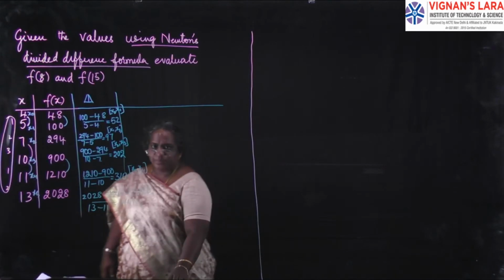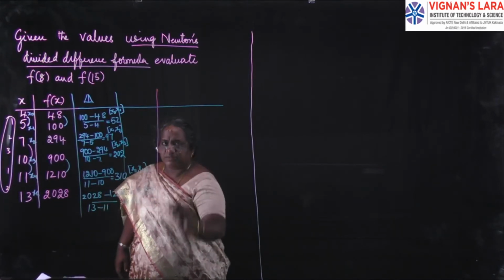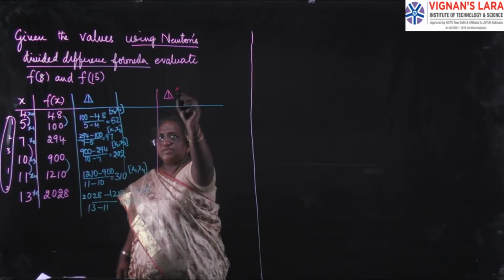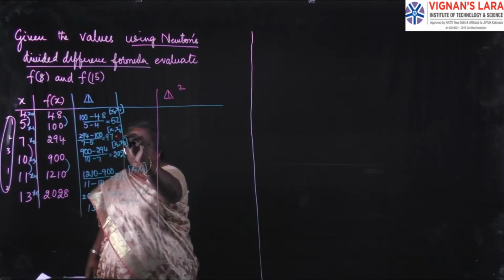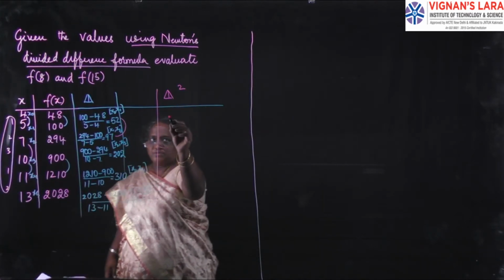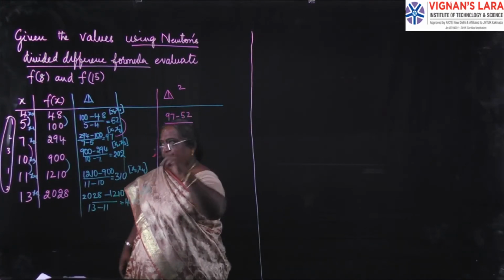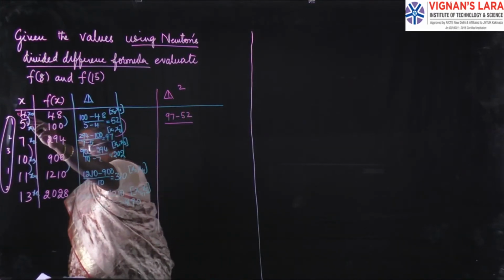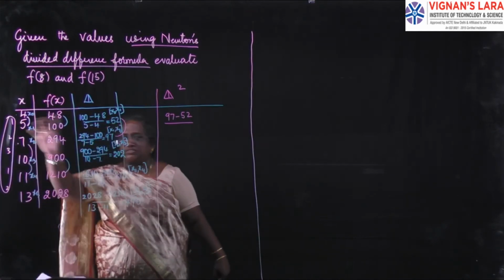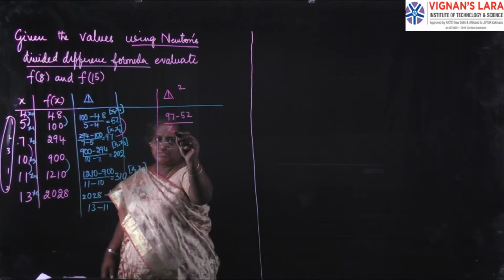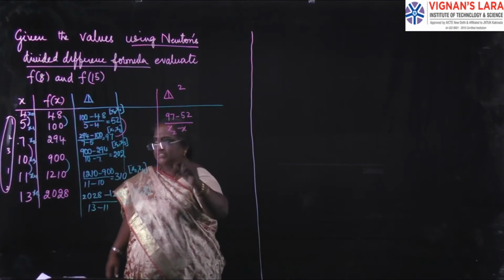Now let us prepare the second divided difference. The second divided difference is 97 minus 52 by, this time you have to take three values, 1, 2, 3, meaning x2 minus x0. So what is x2 minus x0?